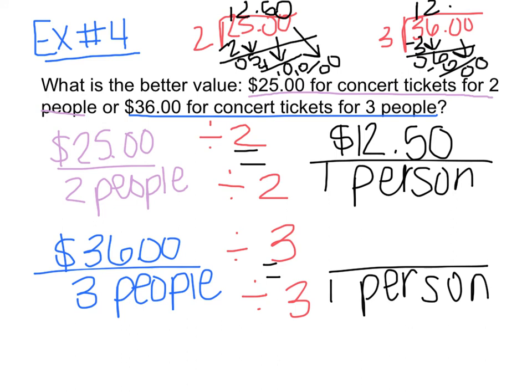Three can't go into 0, so we put a 0. And then bring down the last 0, and 3 can't go into 0 again. So it's going to be $12. So looking at the 2 options, the first one is $12.50 for 1 ticket, or the second one is just $12 for 1 ticket. So the second one is better because it is cheaper.